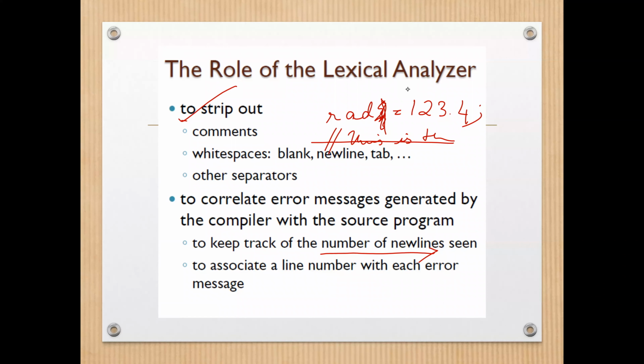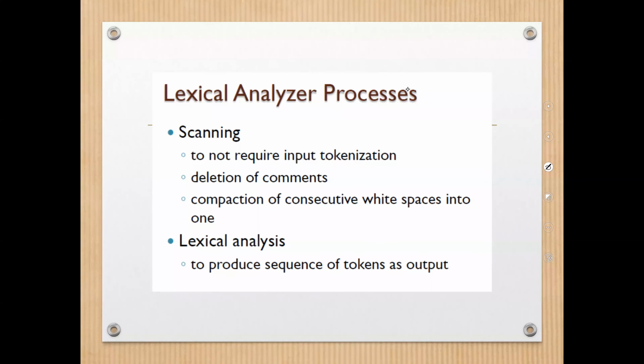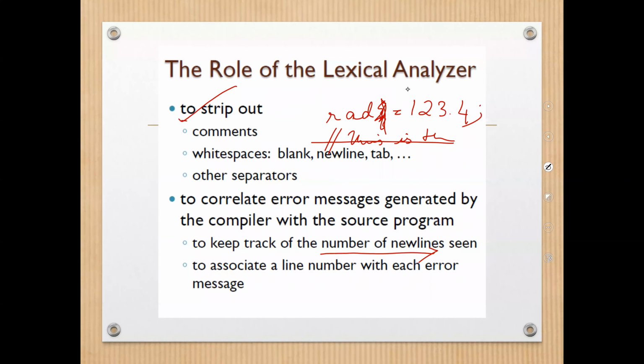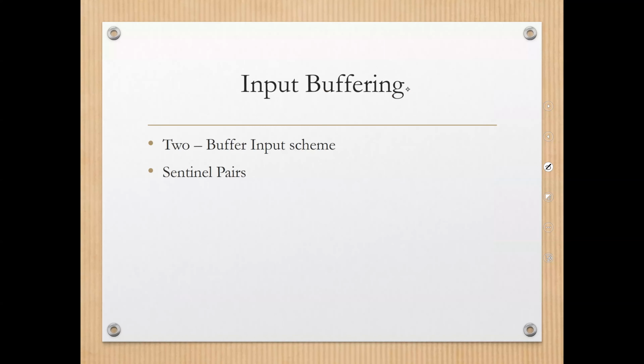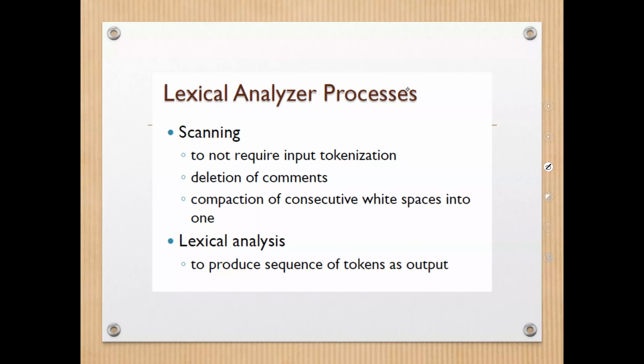Just because of that, the lexical analyzer keeps track of how many lines you have and even the line number of each code. Together with that, as we saw earlier, it does deletion of your comments. It does compaction of your white spaces, all the unwanted spaces are squeezed.